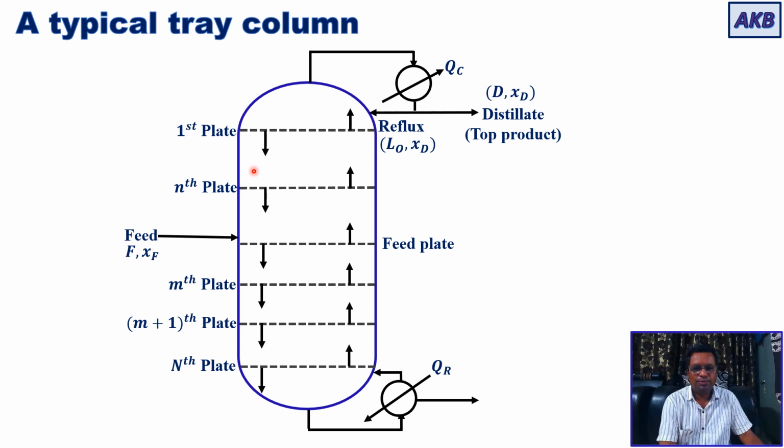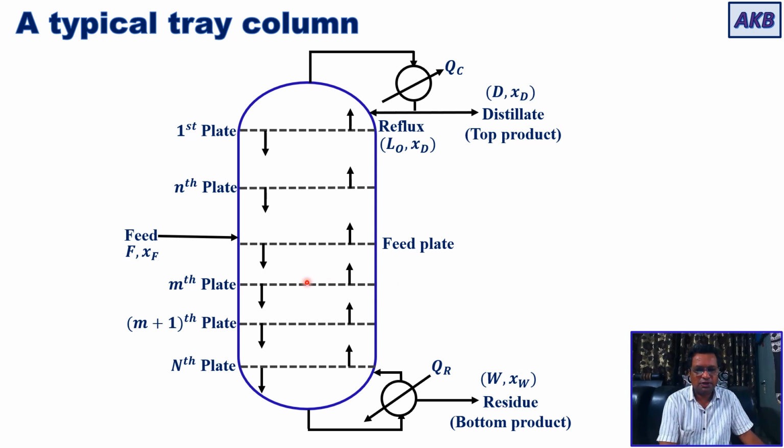While the column operates, liquid phase and vapor phase will be in contact with each other. Then from the reboiler, we are taking one more product, and that is nothing but the residue, or you call it bottom product, and it will be identified by the notations W and xW. I will tell you what these notations are.